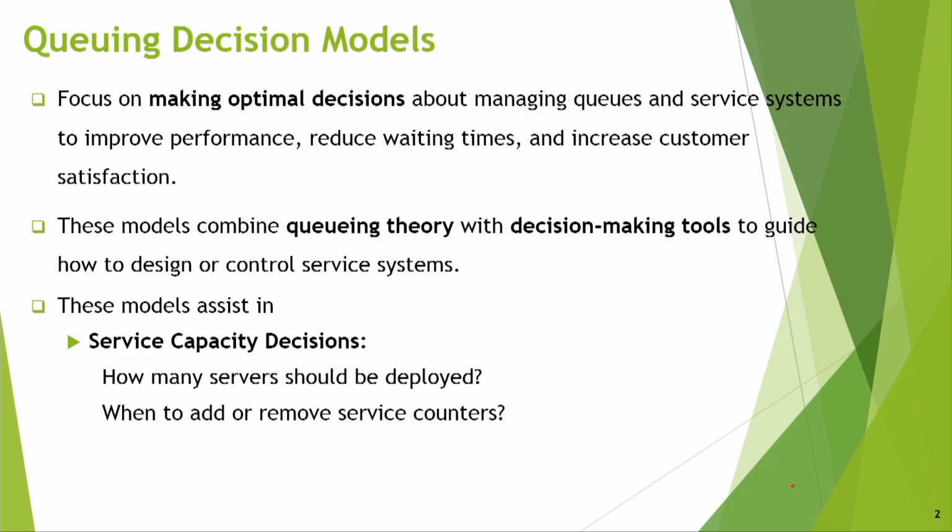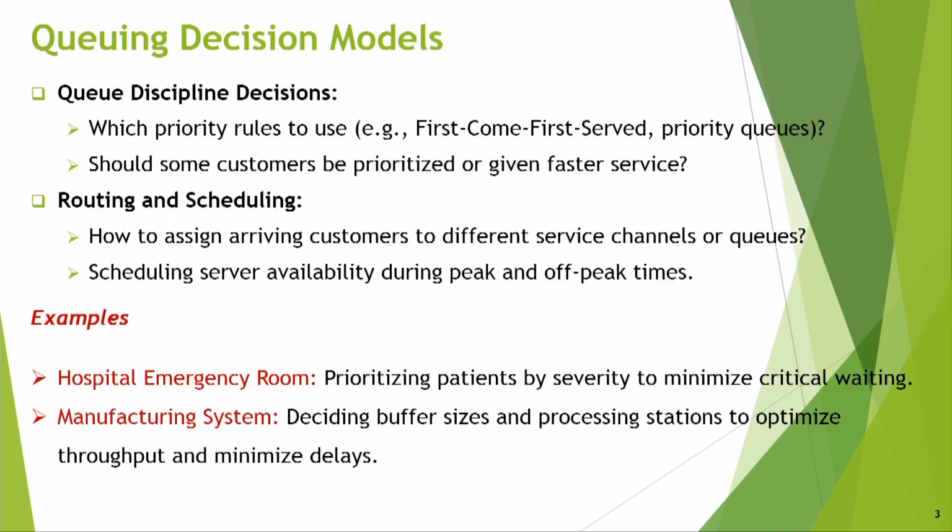When to add or remove service counters, that decision also has to be taken. Maybe in the morning time, if there is a rush, more counters can be there. In the evening time, counters can be reduced and vice versa.